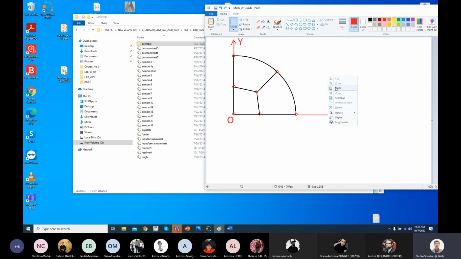So I will put more nodes here in the middle and also here in the middle, here in the middle, here in the middle, here in the middle, and so on.